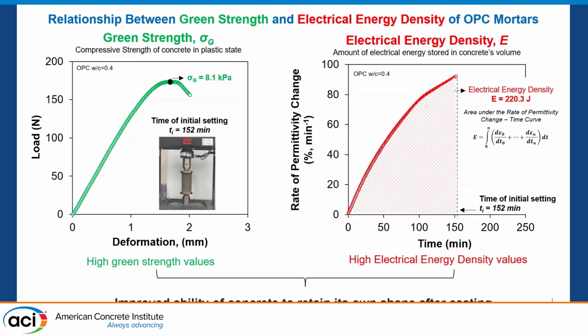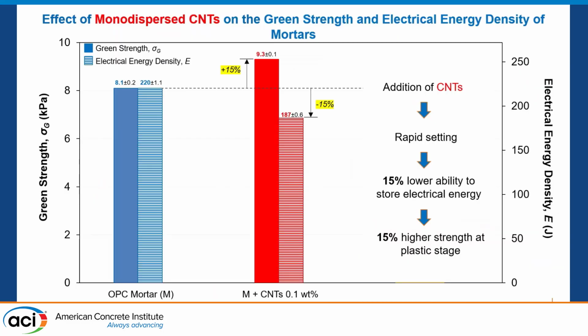Specifically, high green strength values and high electrical energy values can provide an improved ability of concrete to retain its own shape after casting. And here I included the results of the ordinary Portland cement and the mortars reinforced with the carbon nanotubes. We see that the addition of carbon nanotubes increases the green strength of the material by 15%, and at the same time, this nanomodified mortar exhibits a 15% decreased electrical energy density.